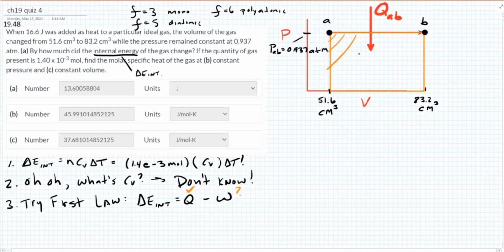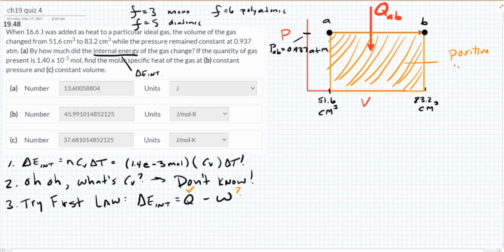That's the amount of work done by this working substance, by this system from A to B. The volume's increasing, the piston's moving up, work is being done because the force and the displacement are in the same direction. So all of this is positive work.